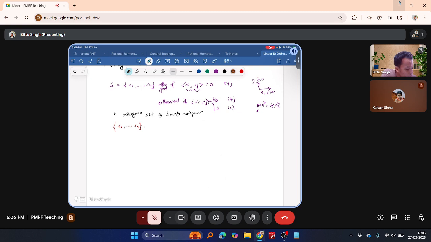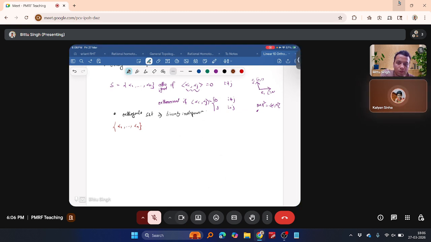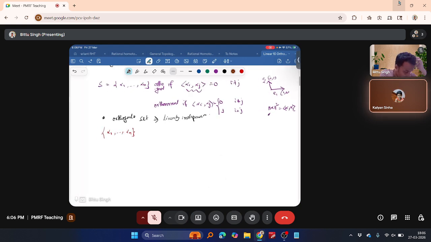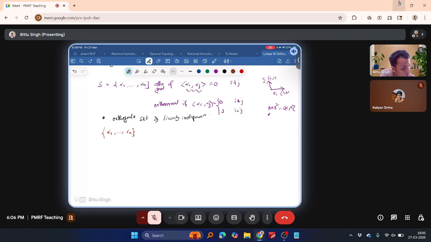So given alpha 1 up to alpha n, a collection of vectors. Sir, can you repeat this? Why is this linearly independent? Let us prove this.